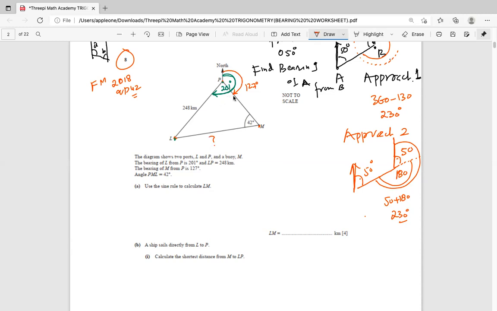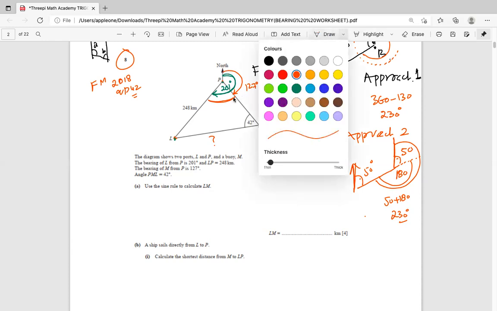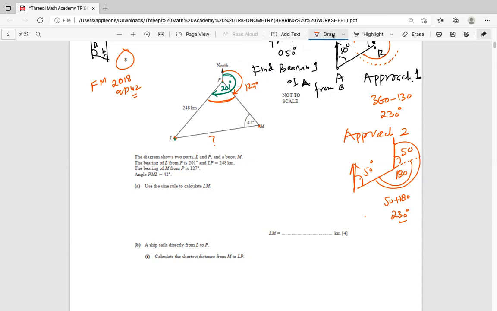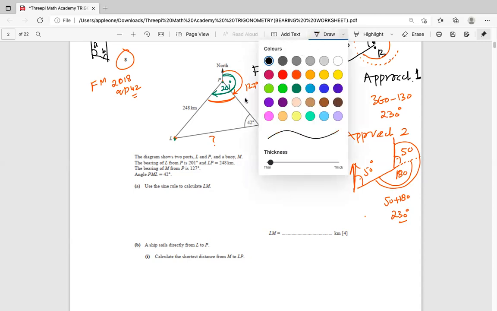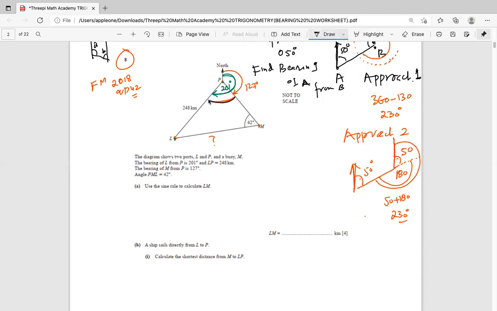Now, okay, fine. What is this angle? If the whole green angle is 201, and the red angle is 127, so the black angle is 201 minus 127 degrees.